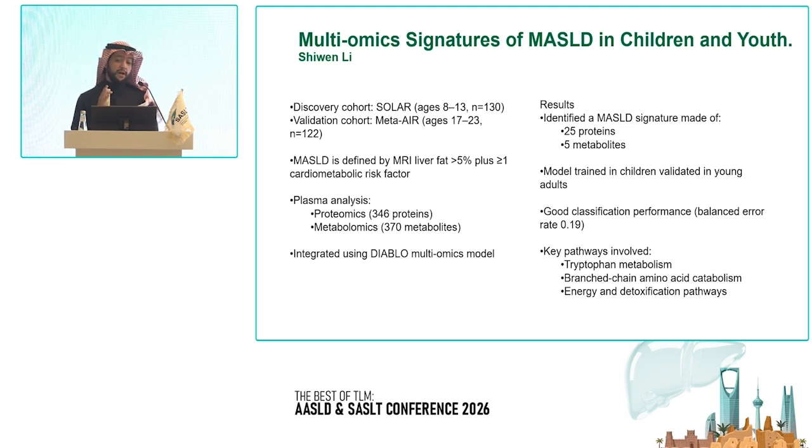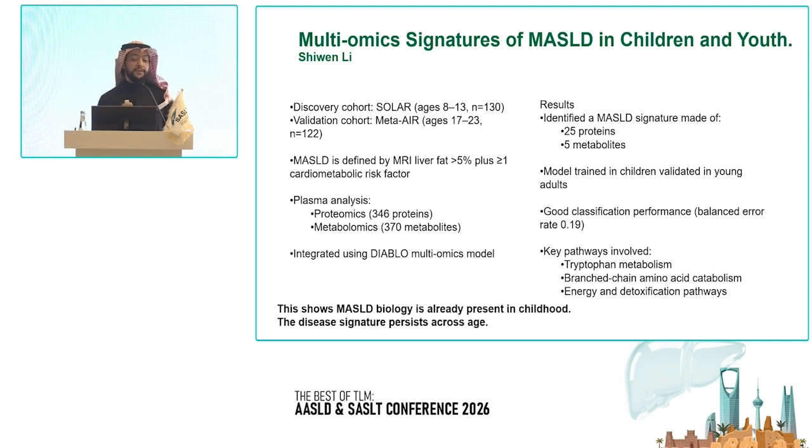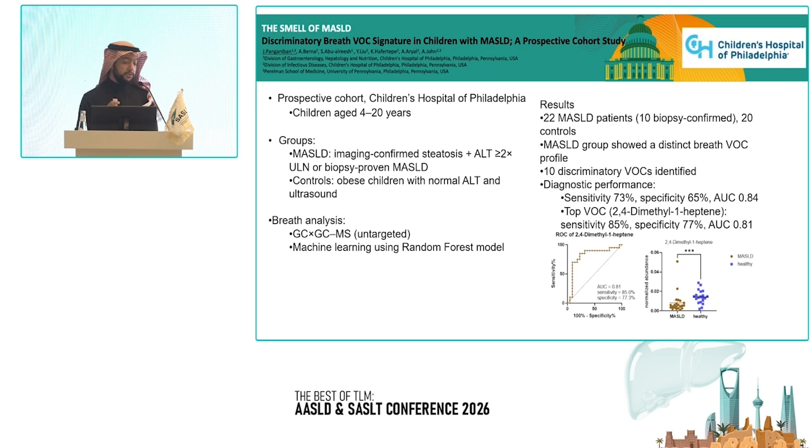They identified a signature model for MASLD, around 25 proteins and 5 metabolites. This model was trained in children and also validated in adults later on. This tells us that MASLD biology is already present in childhood and the disease signature may persist across the ages.